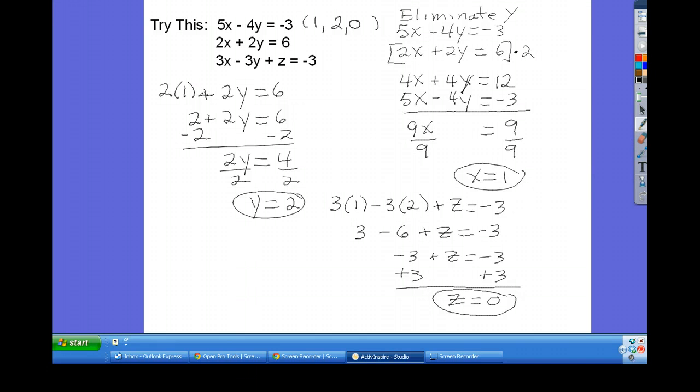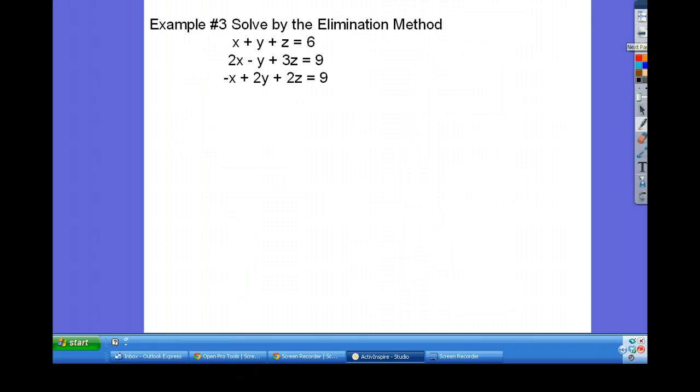Okay, moving on to our next type of problem. And this is, although I didn't label it, this is the 3, 3, 3. Okay? Well, here's what we do with the 3, 3, 3. We change it to a 2, 2, 3, and then we change that to a 1, 2, 3, and then we solve.